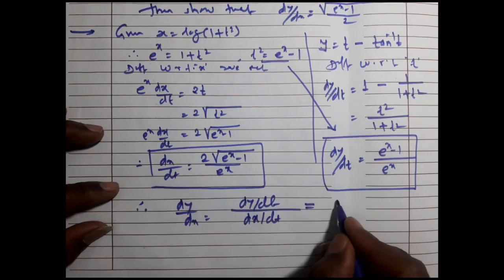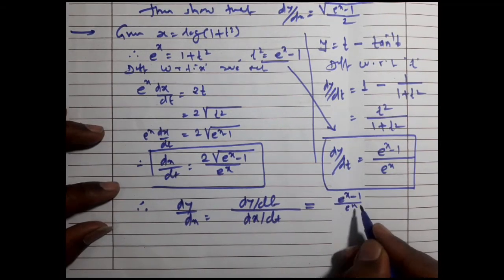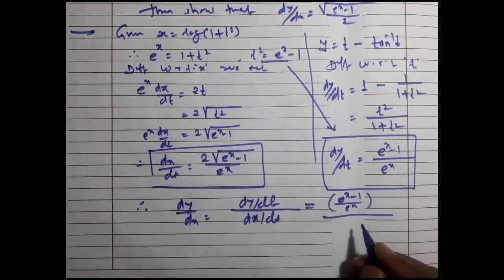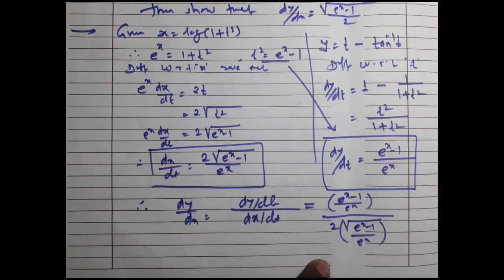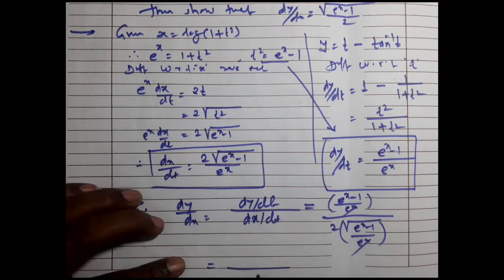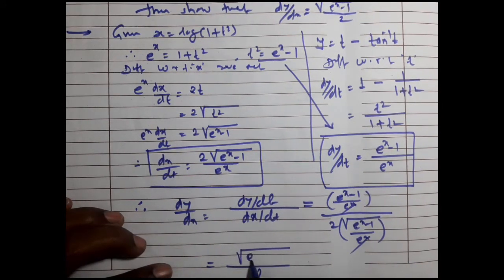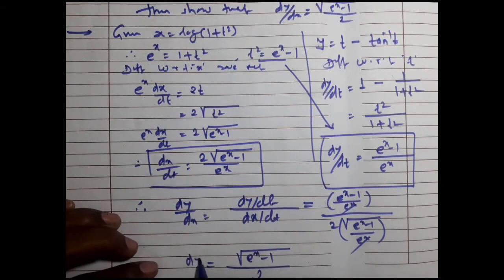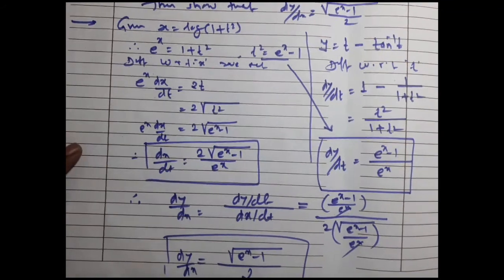So what is dy by dt? e raised to x minus 1 upon e raised to x divided by 2 root e raised to x minus 1 upon e raised to x. So e raised to x will be cancelled, and finally this will be 2, and the square of this is nothing but e raised to x minus 1, and this completes the proof.